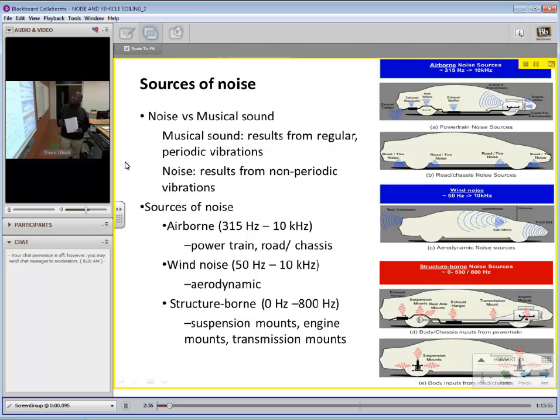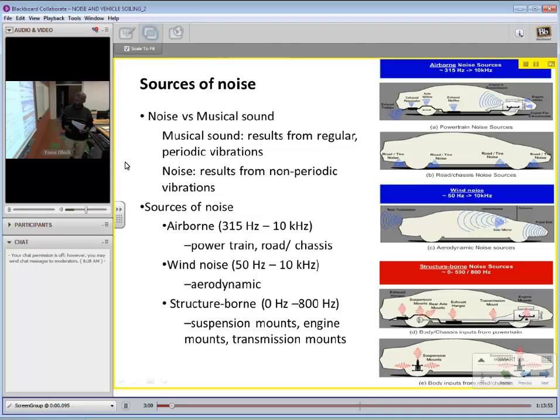If somebody loves rock and roll and hard rock, that might be noise to some of us, and it will be music to such persons, like my son. So let's look at the physics perspective, or the physics definition of this.